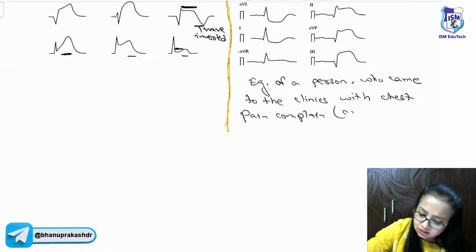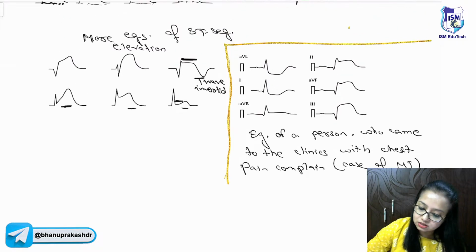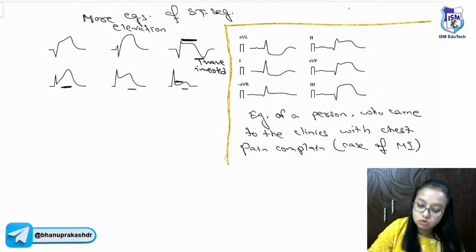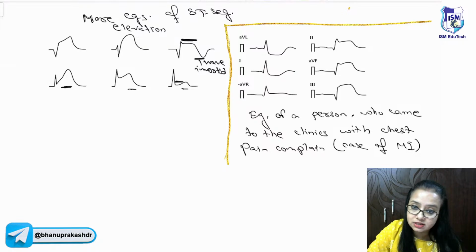It is actually a case of myocardial infarction. This is a typical case of a person who was a driver by profession and above 50 years of age. When he complained of chest pain, ECG was done immediately and later on it was confirmed as myocardial infarction of the ischemic type.